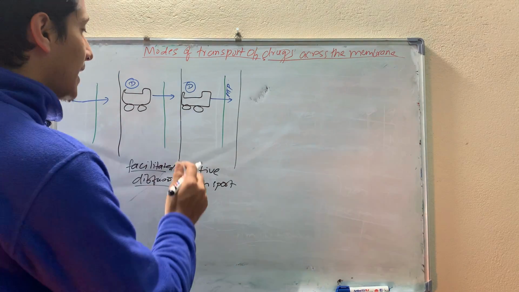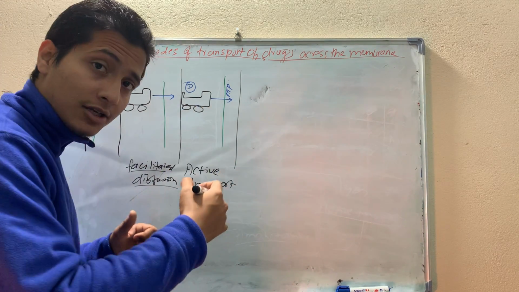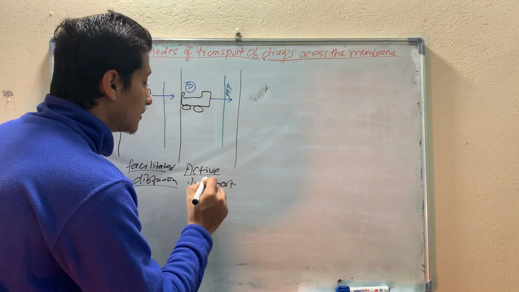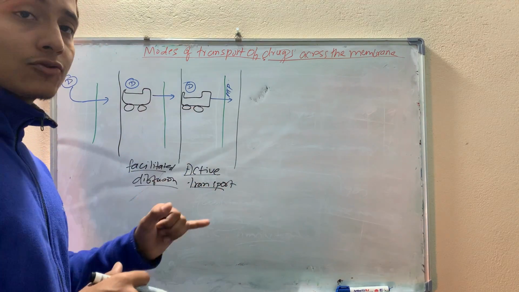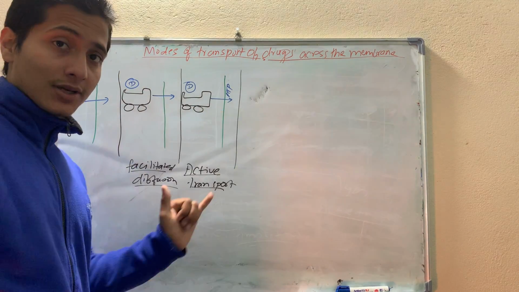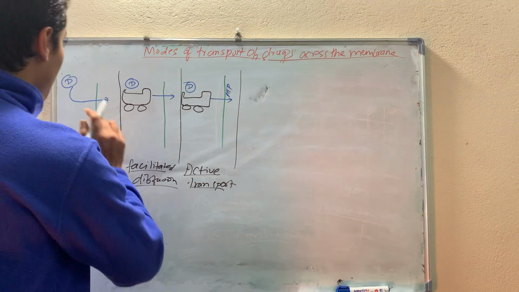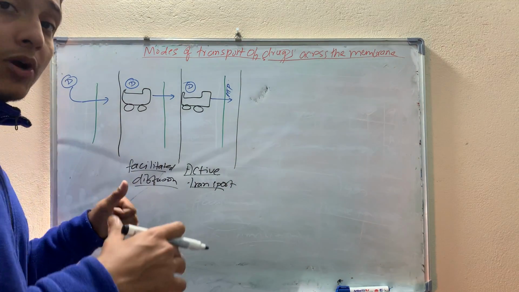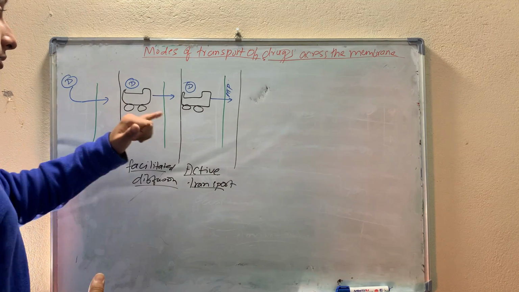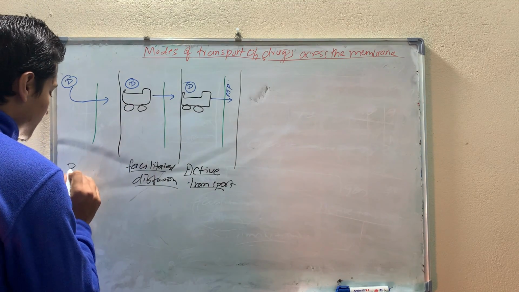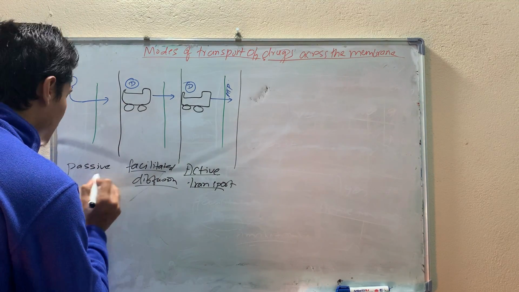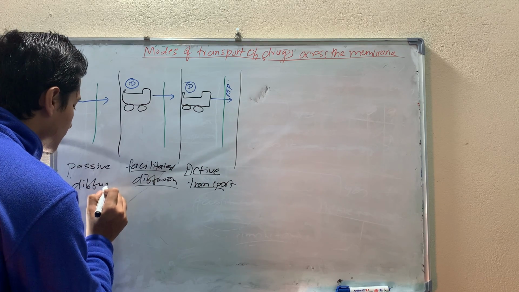And this system has been using the fuel, so this is active. The fuel source, the ATP, is actively transporting it, so it's active transport. And this system doesn't require any carrier and any source of energy, so this is passive diffusion. This is passive diffusion. You get it?